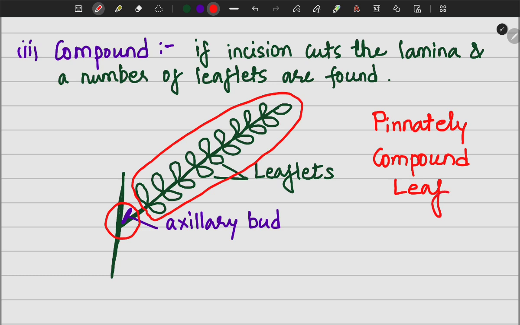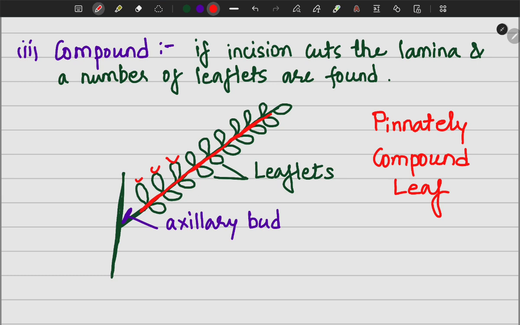Now what is a pinnately compound leaf? A pinnately compound leaf is that leaf in which the leaflets are arranged on a common axis, which is usually the midrib. So if we can see here, these leaflets are arranged on this common axis, which was the midrib, right?